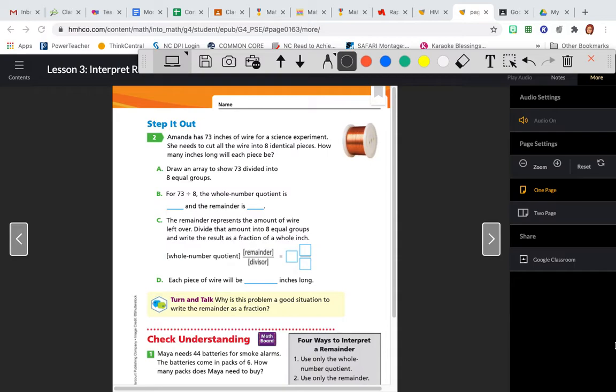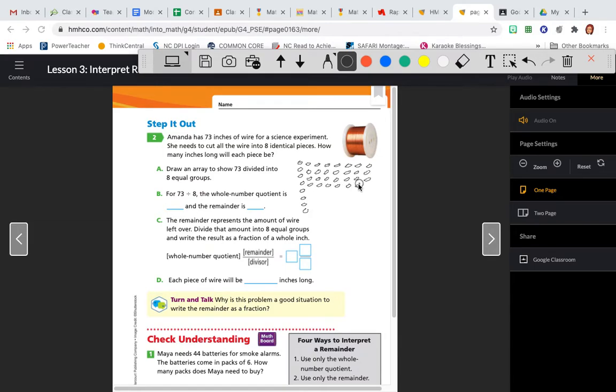So first I'm going to make my 8 rows. This is going to be a big picture here. 4, 5, 6, 7, 8. And then I'm going to divide up 73. And so when we're finished, you should have 8 rows with 8 in each.